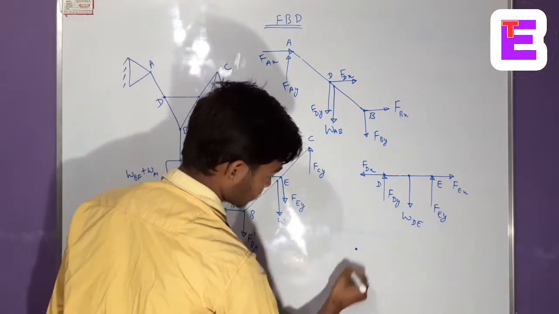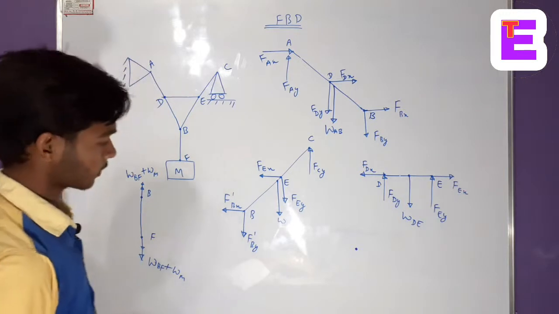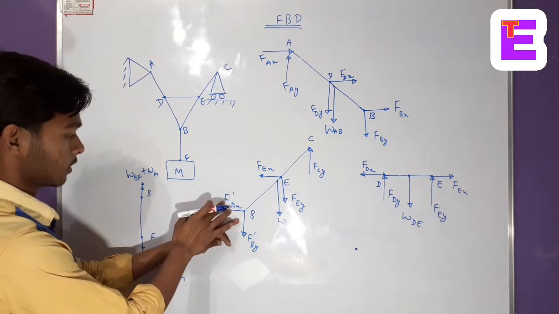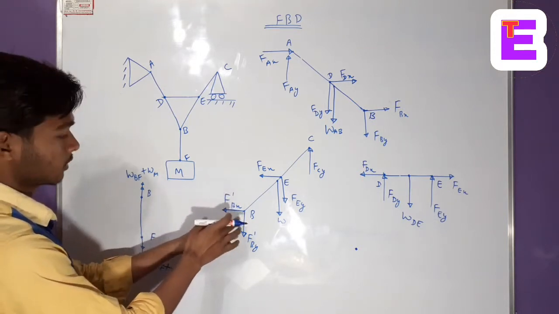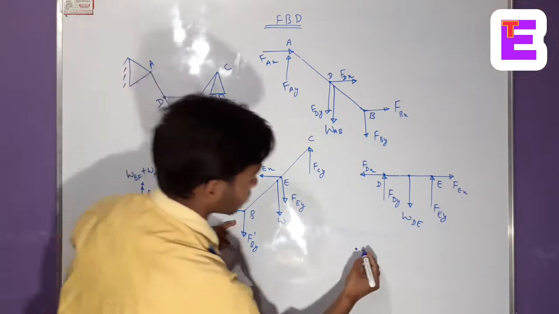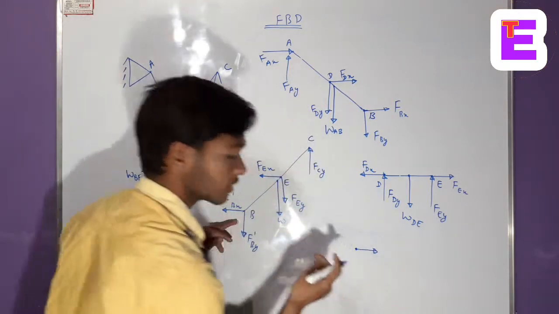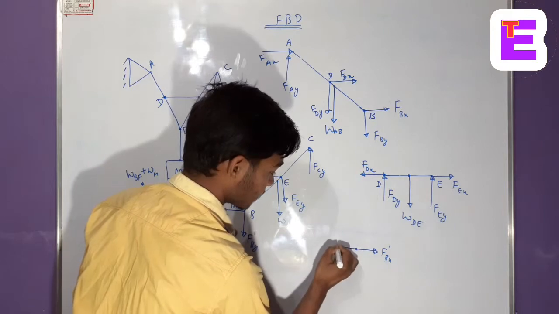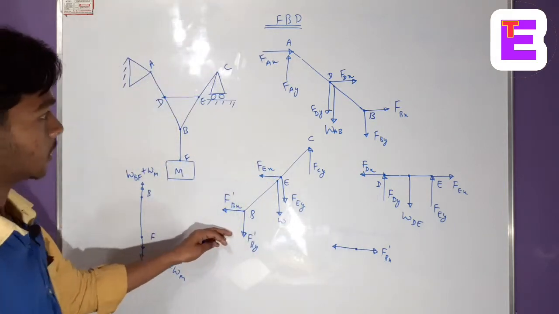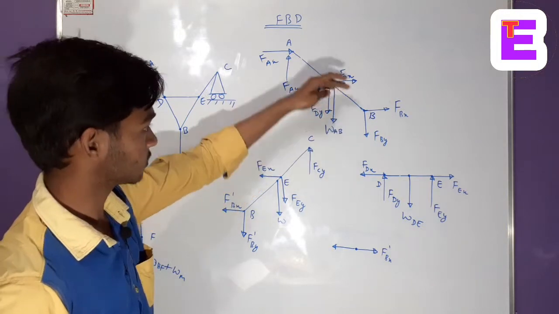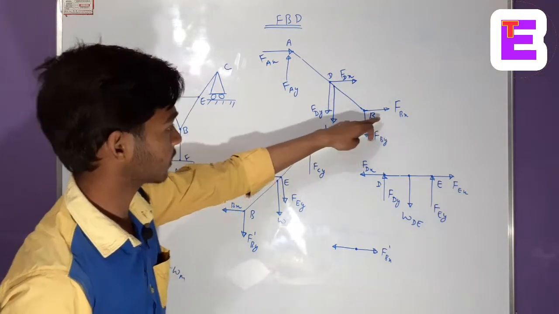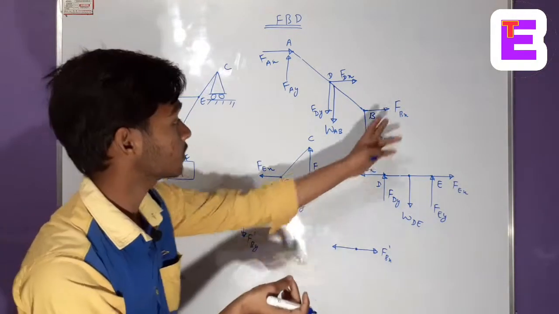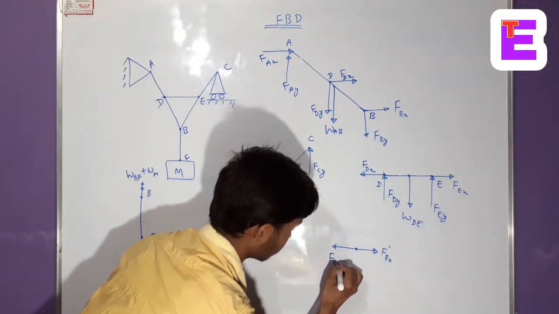Say this is our point B, then there will be some force due to this force Bx dash for this B part, so it will experience some force in the right direction that will be equal and opposite due to this, so F Bx bar, and in this direction it will experience some force because of the AB part it was in the say right direction, that is F Bx, so it will experience some force in the left direction that will be equal and opposite, so F Bx.